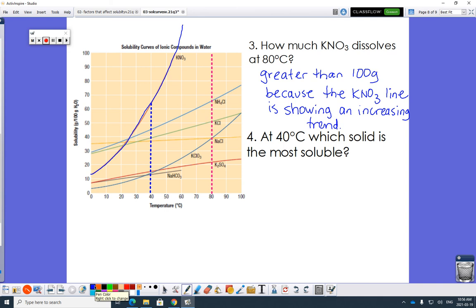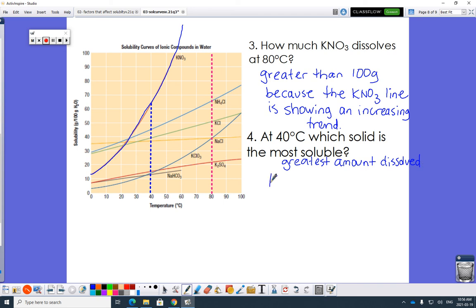If it was a question like this, it would have to be really obvious, okay? So the most soluble, most or greatest amount. Which one has the greatest amount dissolved at 40 degrees Celsius?